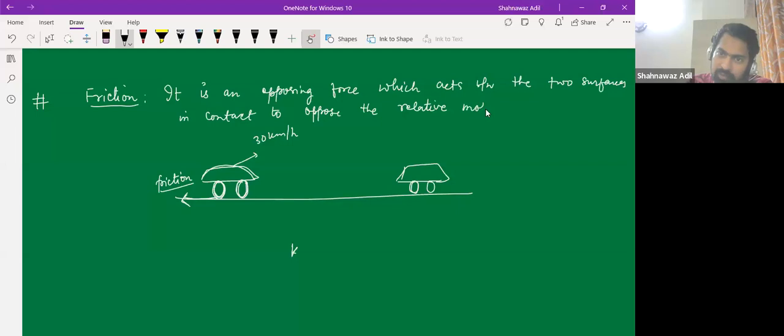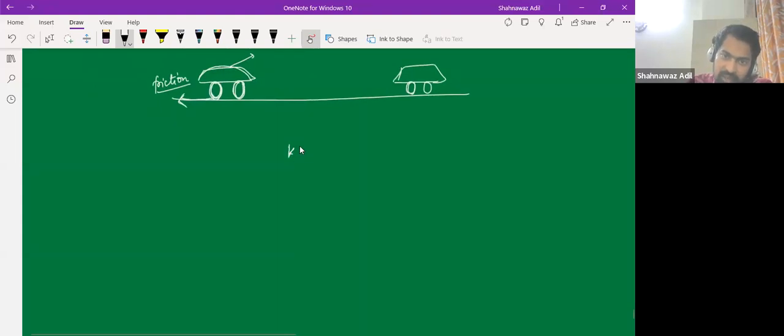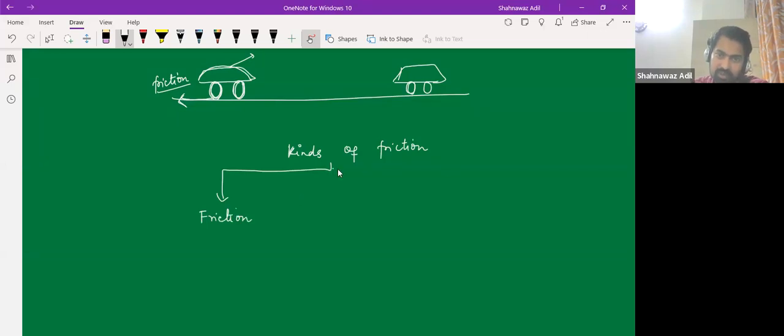And it has two kinds of friction. First, in the solid surfaces, that we called friction, in between solid surfaces.